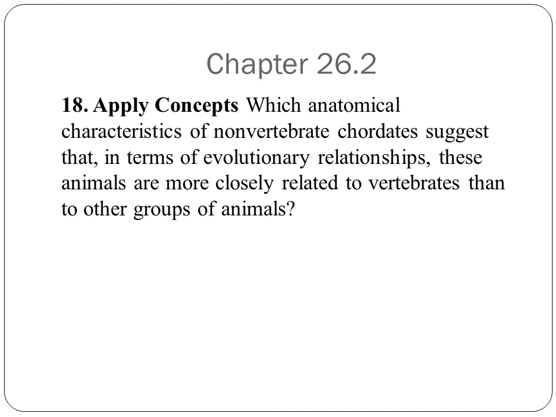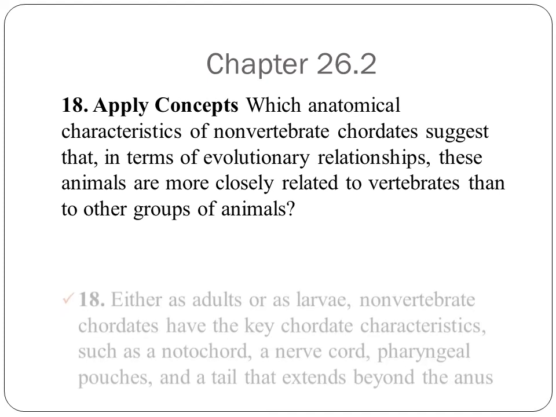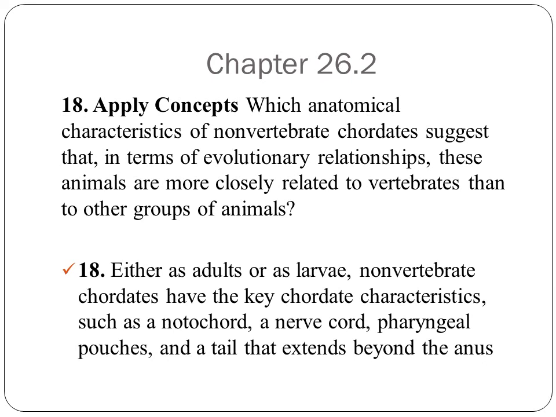So the answer is, either as adults or as larvae, nonvertebrate chordates have the key chordate characteristics such as a notochord, a nerve cord, pharyngeal pouches, and a tail that extends beyond the anus.